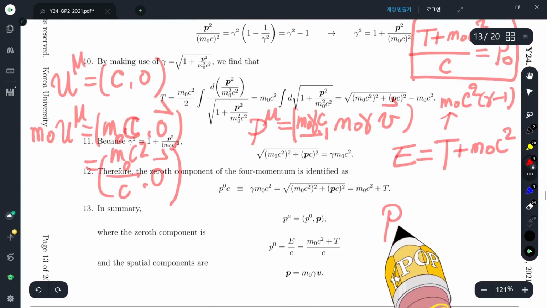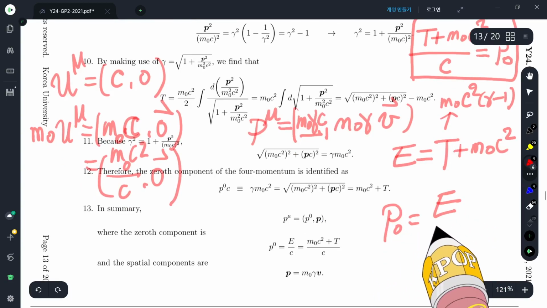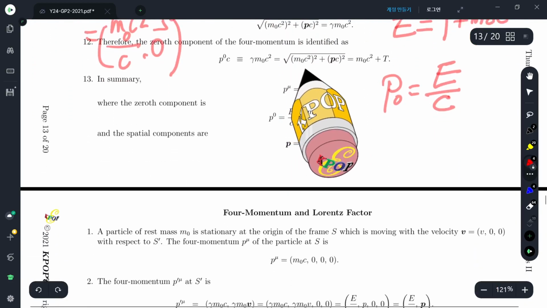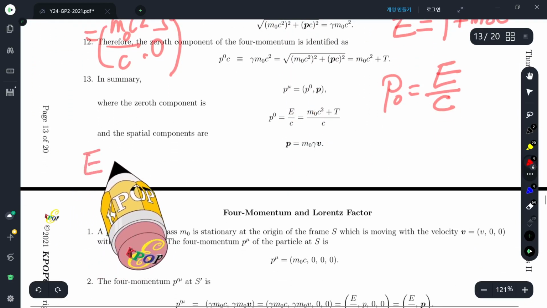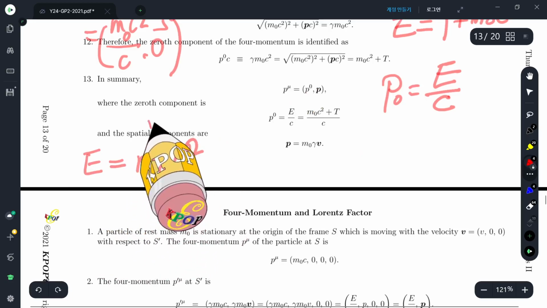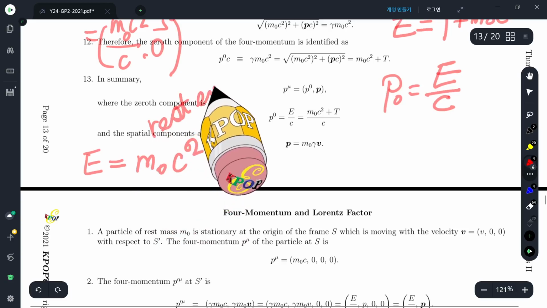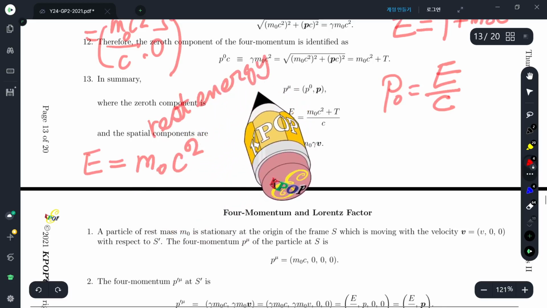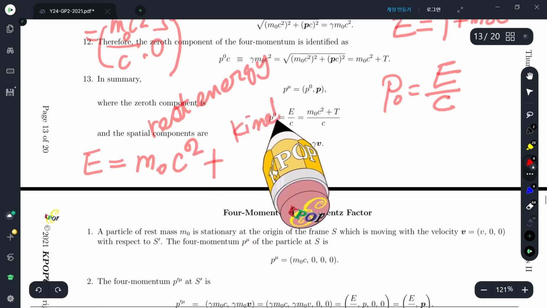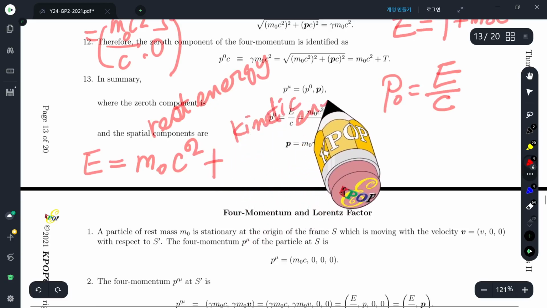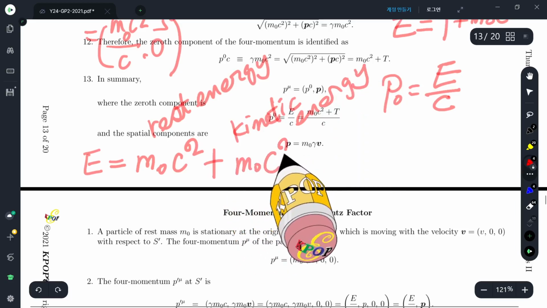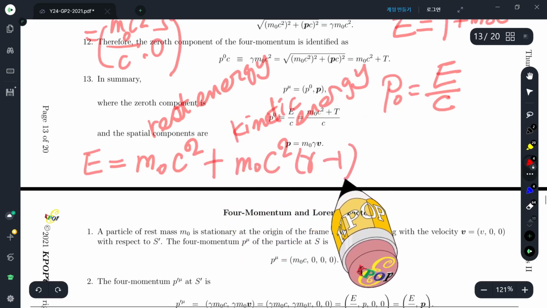P0 is energy divided by the speed of light. That's right. And this energy is the sum of rest energy plus kinetic energy. Kinetic energy is m0c squared (gamma minus 1).